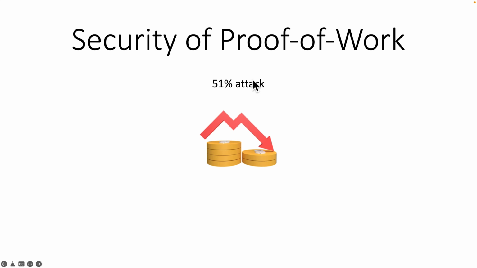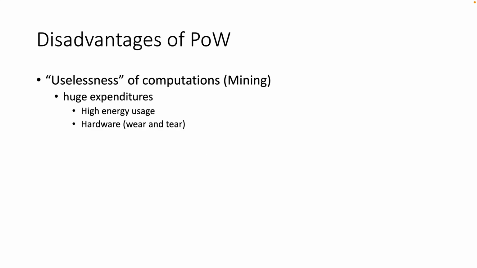So 51% attack is not a wise option, and it's not a profitable option either. So now we can see this disadvantage of proof of work we mentioned is not really a disadvantage.